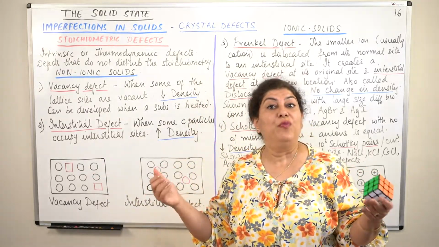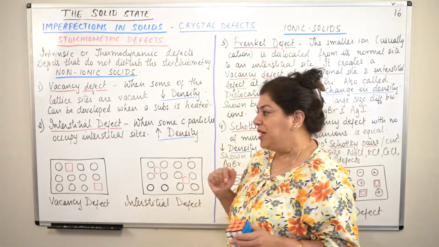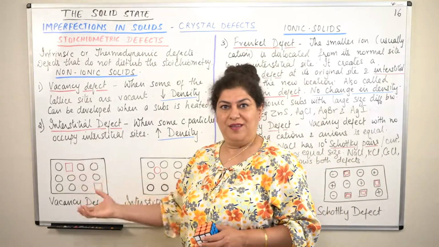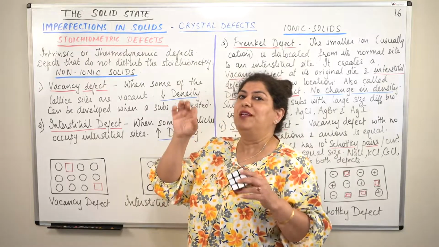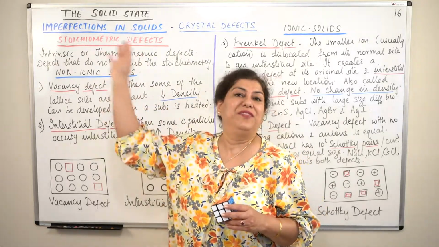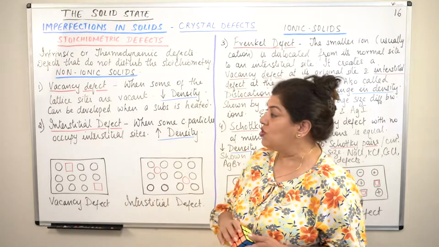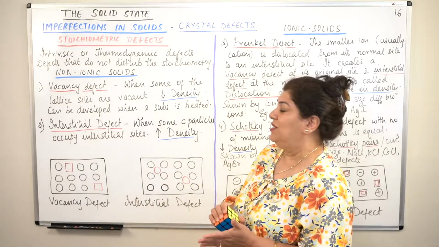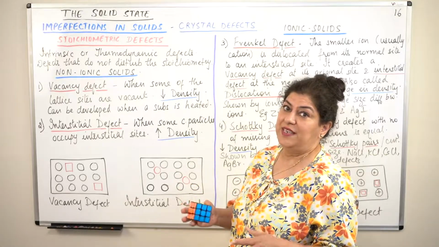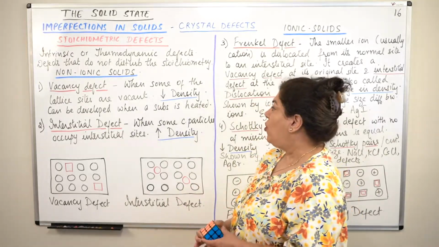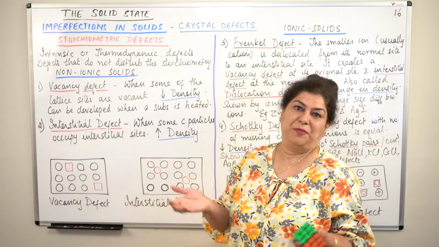So they remained vacant. Or sometimes, when you heat up a substance, some of the components may get vaporized and leave the lattice point. So a vacancy defect is created either when the crystal is formed or when you heat up the substance.